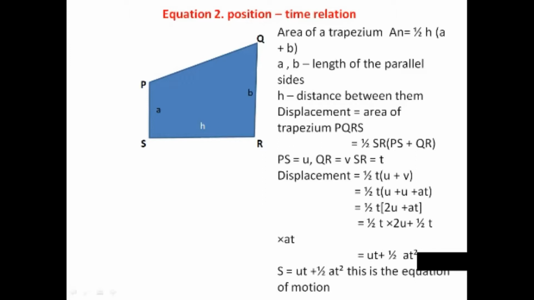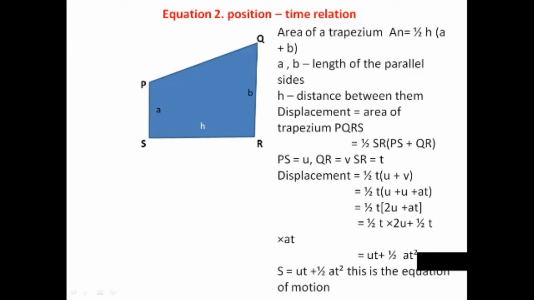In this trapezium, PS is one side, and the parallel side of PS is QR. So PS and QR are the two parallel sides of the trapezium PQRS. The height of PS is taken as A, and the height of side QR is taken as B. H is the distance between the two parallel sides PS and QR.